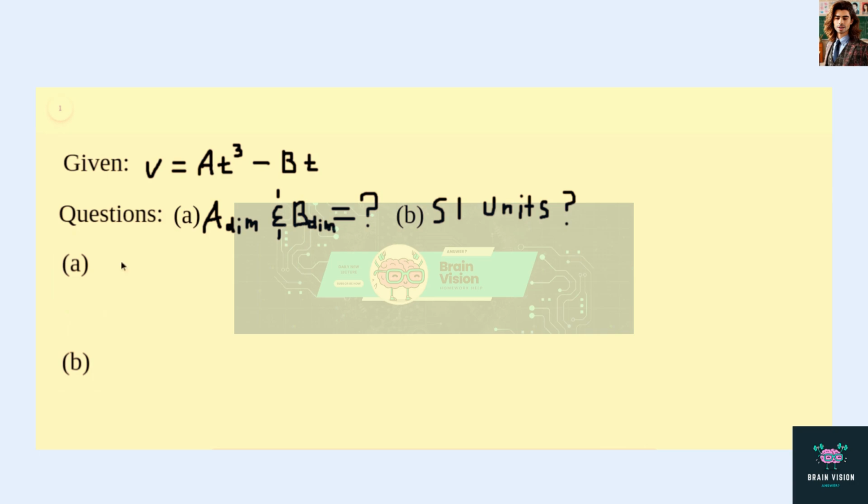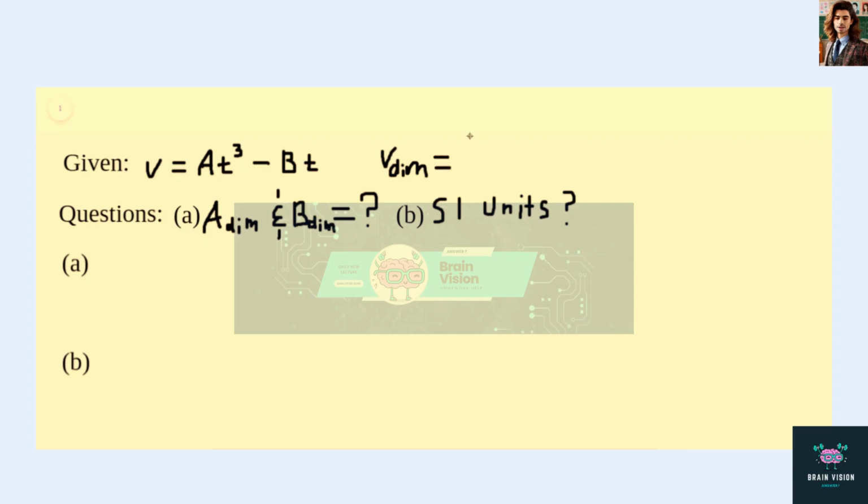So to find the dimensions of a and b, we need to know some things about algebra. One is that the left side of the equation and the right side of the equation must have the same units in order for them to be equal. So the units of velocity, we'll go ahead and write this out because this is another known that we have. So we'll say the units of velocity are the dimensions of the velocity.